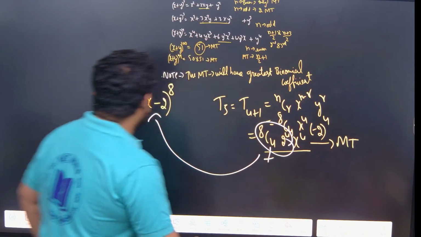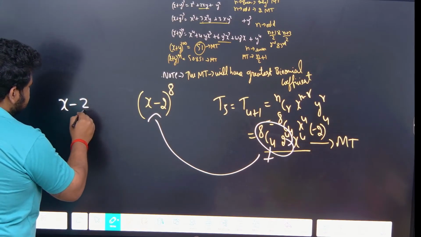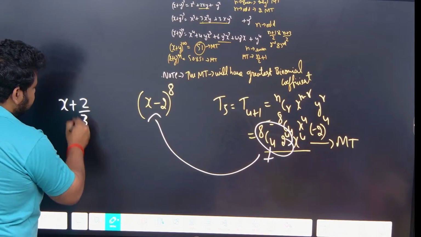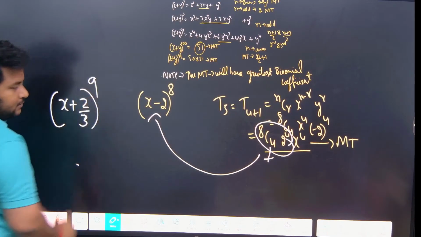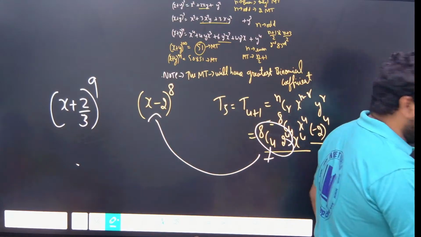Clear? Now you try this one for yourself: (x plus 2 by 3) to the power of 9. Find the middle term and the binomial coefficient.